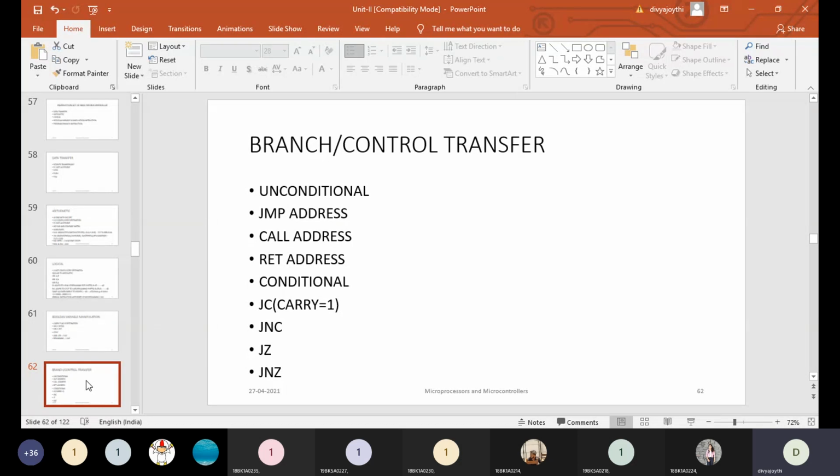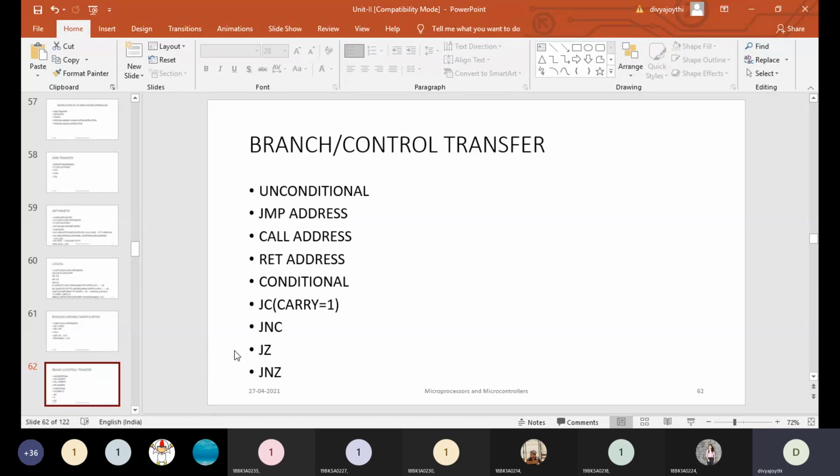That means the execution control is going to be transferred from one place to another place. Instead of the immediate place, it is transferring to another place. So how can those transfers happen? With the help of jump, call, return. With the help of all these instructions, the execution control can be transferred.